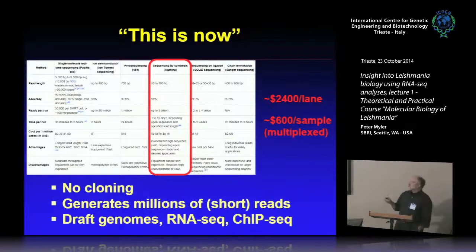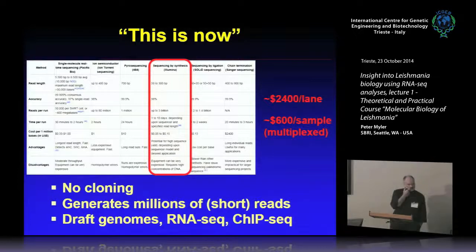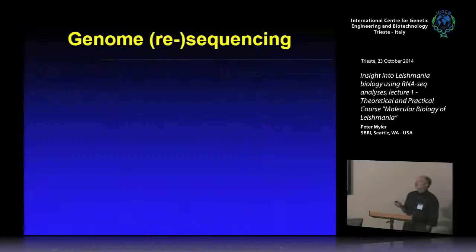So if you multiplex it, you can run a sample of genomic DNA or entire RNA for $600, and half of that is the cost of making the library. So for $600, you can sequence an entire genome of Leishmania. Then you have to have someone who will assemble it and annotate it, which is going to cost you more than that, probably. Same with the RNA-seq that I'm going to be talking about after the break.